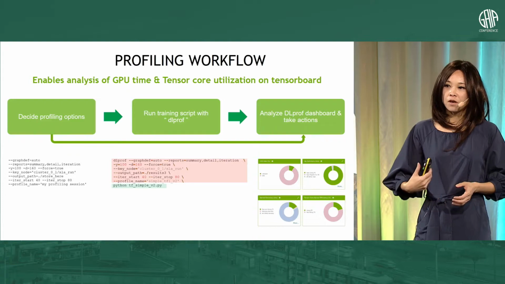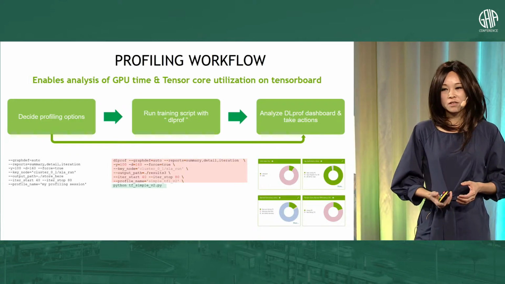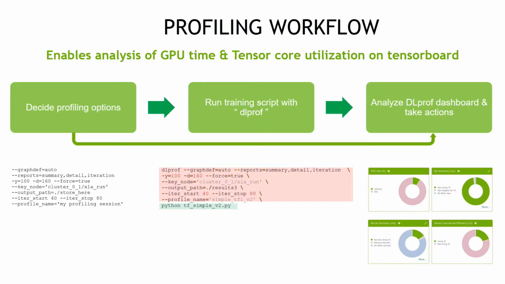OK, invoking this profiling session is rather simple. The only thing you need to do is to select a few options. Those options are like what kind of reports you want, the detail or the summary, or all of them, where you're going to store it, how long it is supposed to be running, do you want to tag something, and so on.